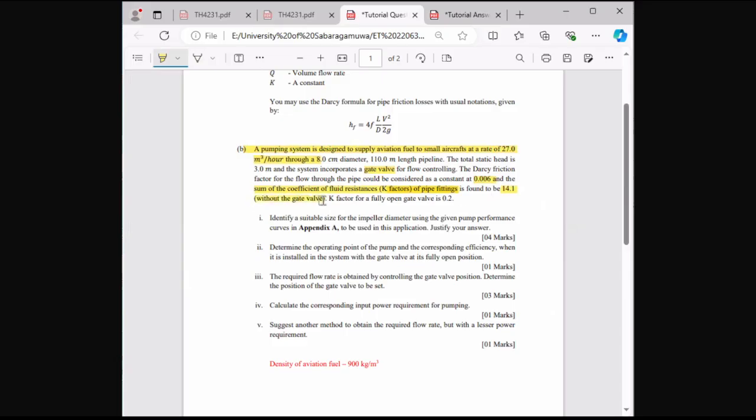This part is considered without the gate valve. Then the K factor for a fully open gate valve is 0.2.